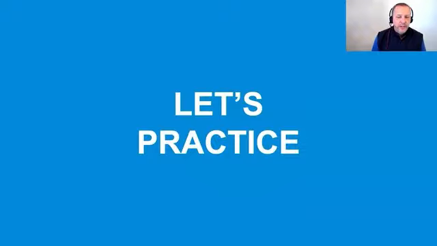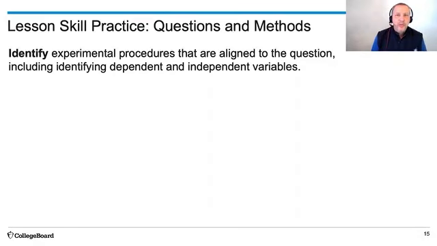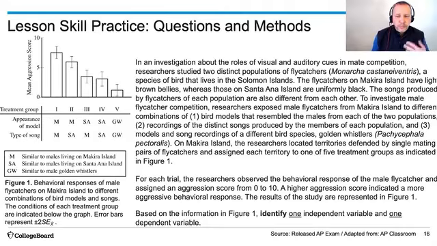So let's practice. For today's skill practice, we're going to look at questions and methods. You're going to identify experimental procedures that are aligned to the question, including identifying dependent and independent variables. For this question, I would like you to pause your video, read the question, analyze figure 1, and identify one independent variable and one dependent variable.